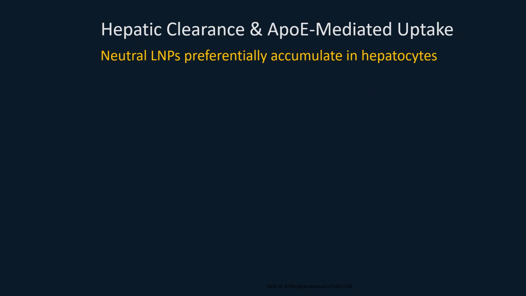So ApoE in the blood gets adsorbed to these particles. Because of this coating of ApoE, these particles actually look like a natural lipoprotein. And liver hepatocytes express LDL receptors that recognize these particles, and so the particle gets internalized through receptor mediated endocytosis.